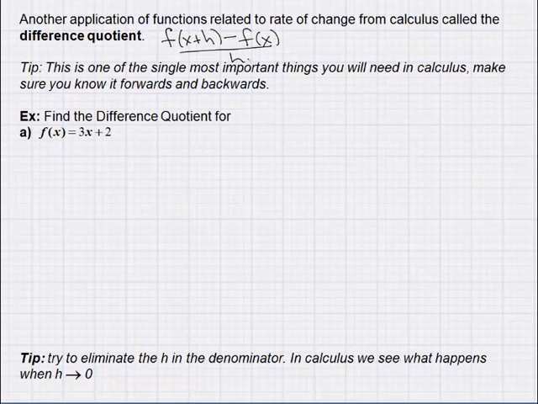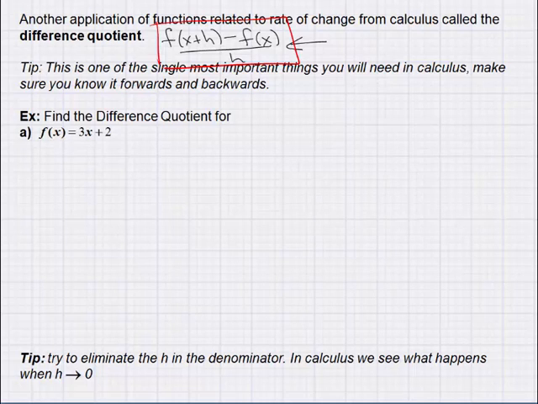Okay? Now, we know how to find f of x plus h. We've already done it. We know how to find f of x. That's actually going to be given, and then this h is here. So what I really want to do is essentially plug these things in here and simplify this fraction. But this fraction is the difference quotient.